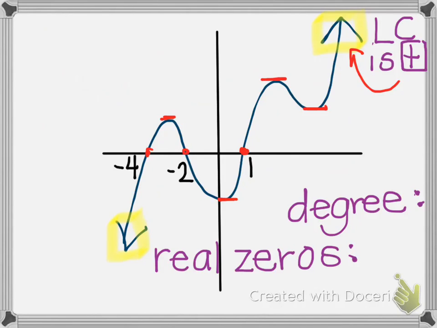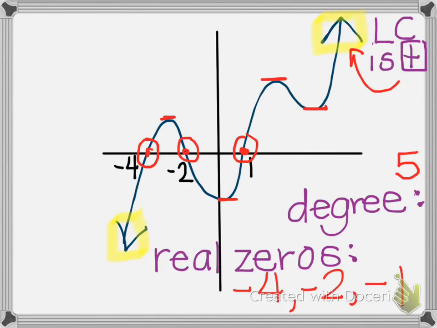So since it has 4 turns, that means it's one more on the degree. It's a degree 5 equation. A degree 5 can have up to 5 zeros, but this particular one only has a zero at 3 points: -4, -2, and +1.